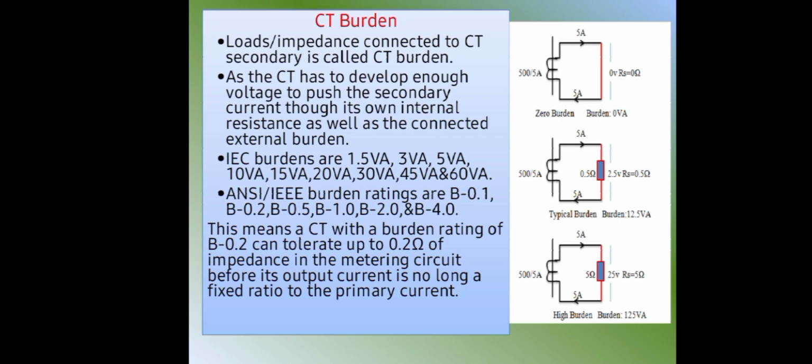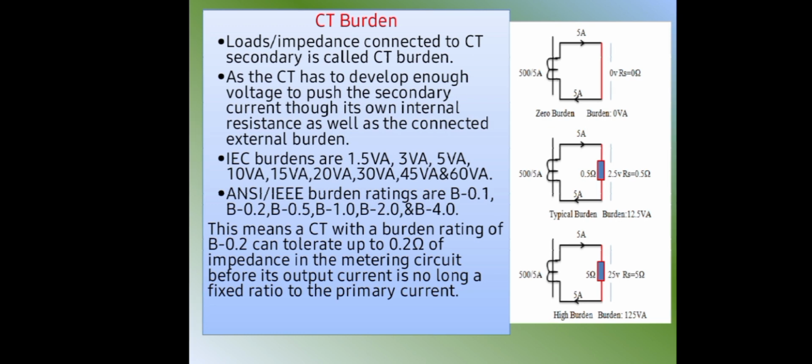If loads are not connected to the output terminal of the secondary and it is simply shorted, then there will be no resistance. If there is no resistance, all the current can flow easily, so we call this zero impedance.